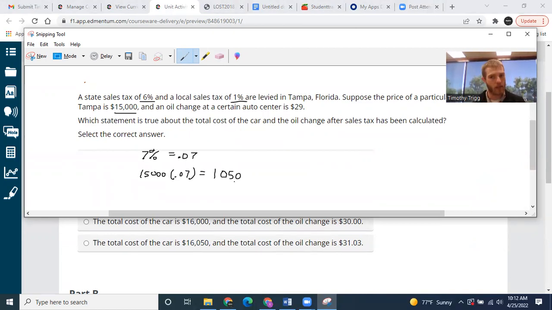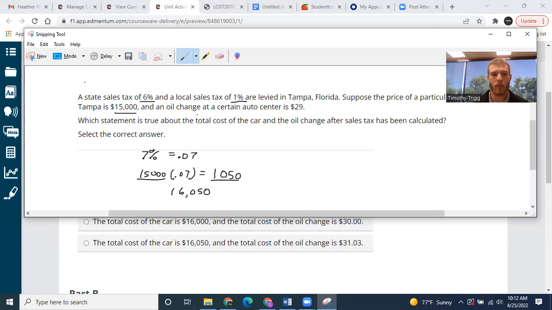So you can see sales tax adds up pretty quick when you're dealing with a car or other expensive things. So the total amount he's actually paying would be the $15,000 plus the sales tax of $1,050. So that's $16,050. So this is how much you're going to have to pay for the car.